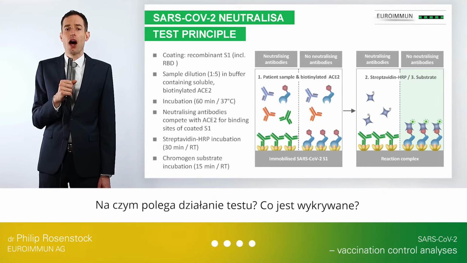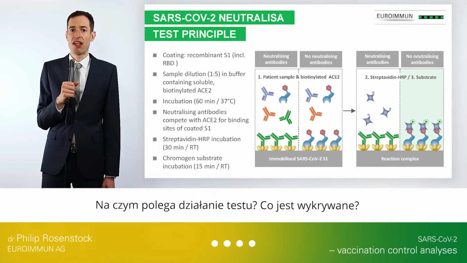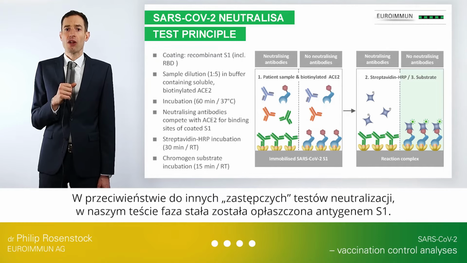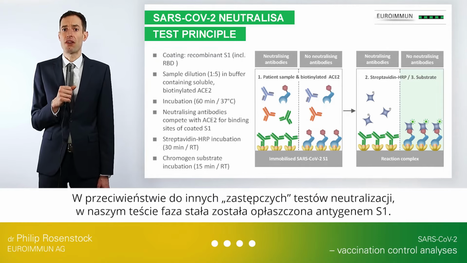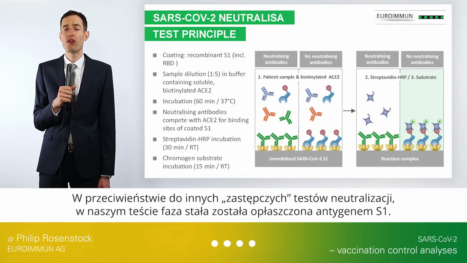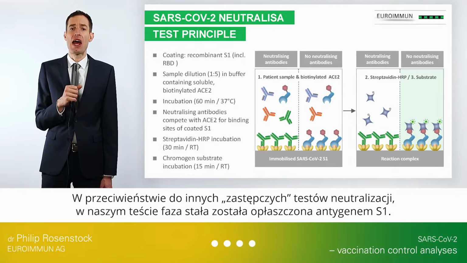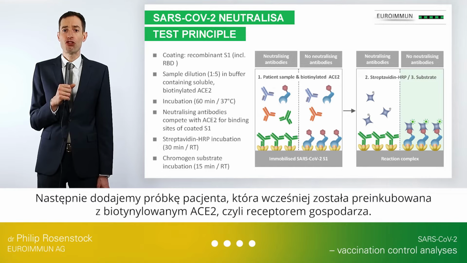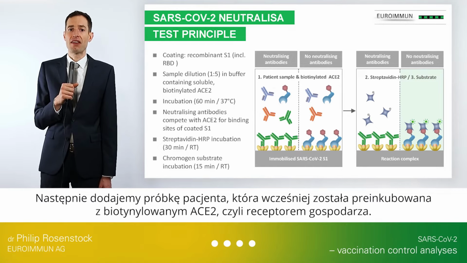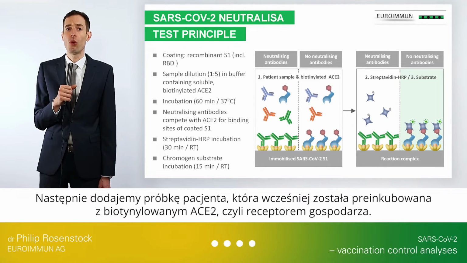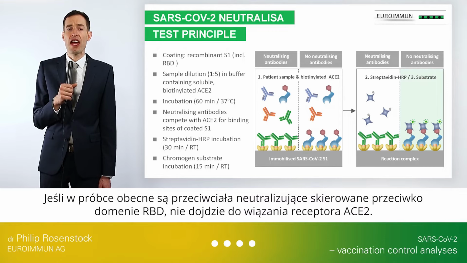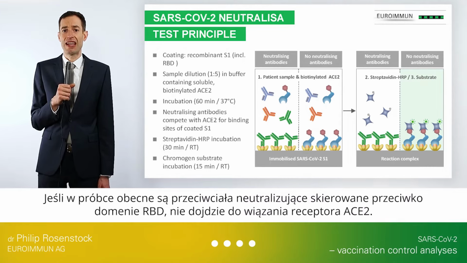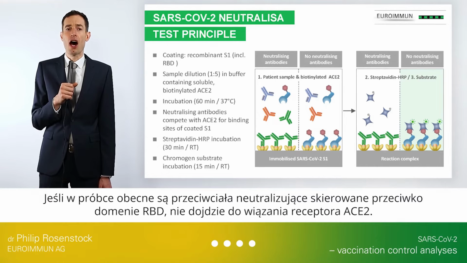So what's the background? What are the interactions that we are going to detect? In contrast to several other surrogate neutralization assays, we use coated S1 on the solid phase. Then we add a mixture of the patient sample that was pre-incubated with biotinylated ACE2, the host cell receptor. If there are neutralizing antibodies directed against the RBD present, they prevent the ACE2 binding.